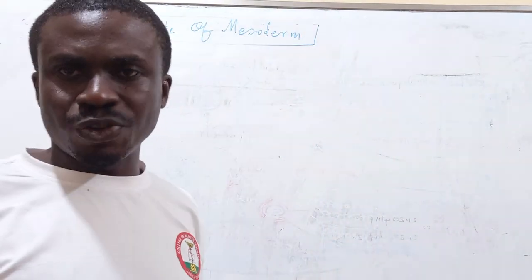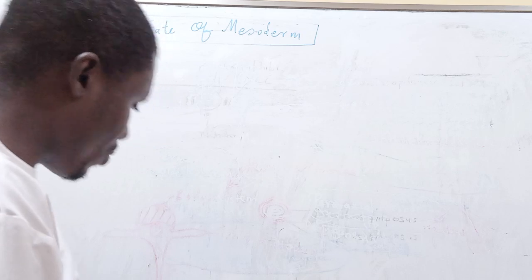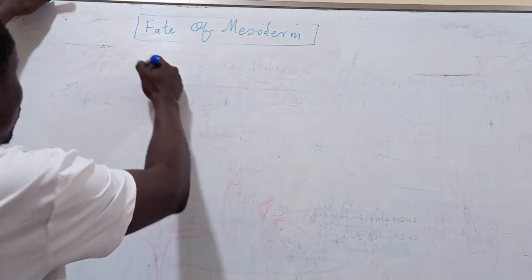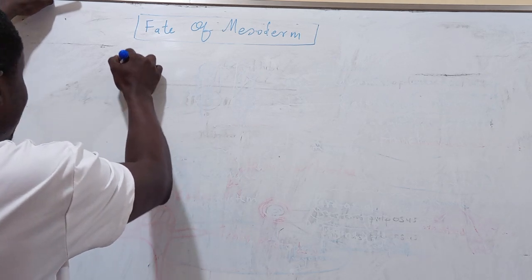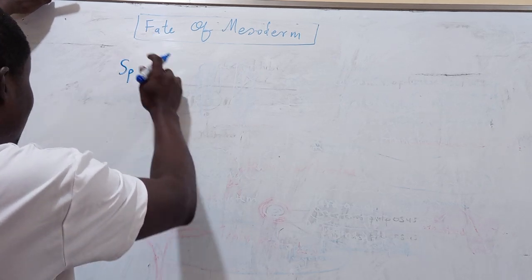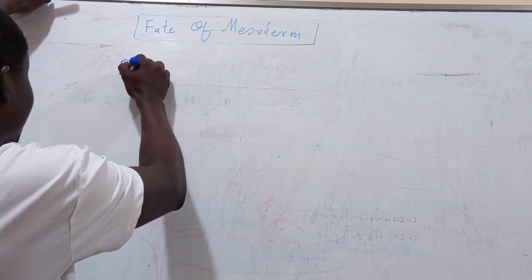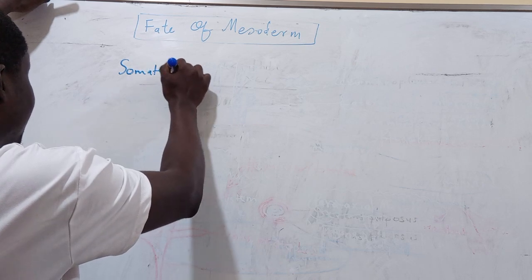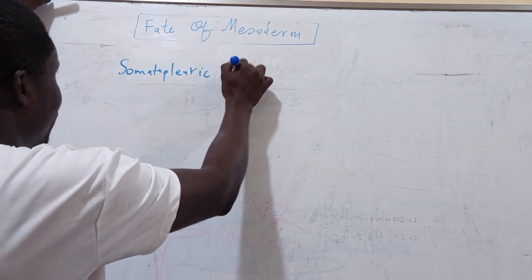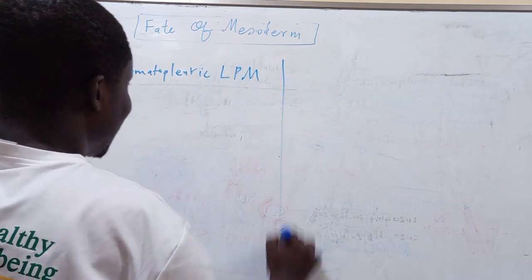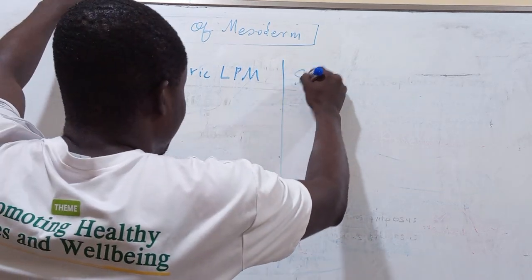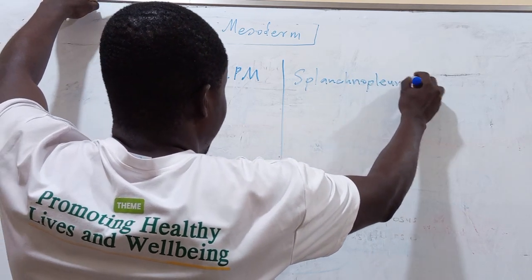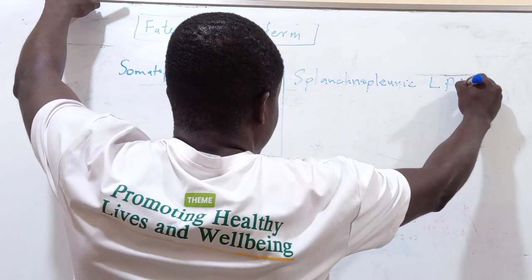So the lateral plate mesoderm, to make it simple, we will differentiate it so that we have what we call somatopleuric, lateral plate mesoderm, as against splanchnopleuric lateral plate mesoderm.